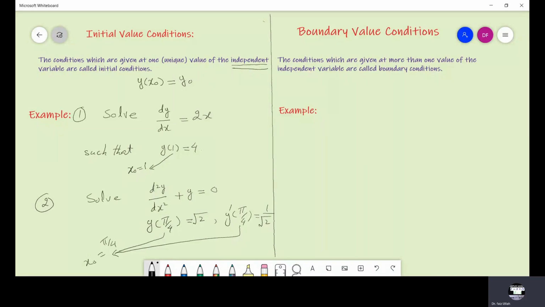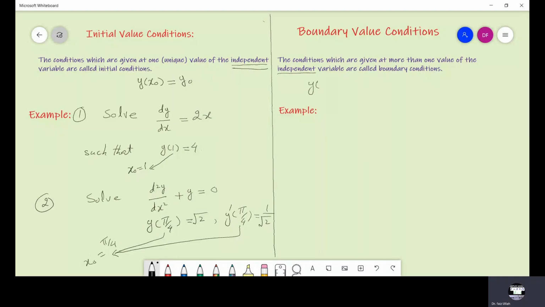Now let us explain what are boundary value conditions. If the conditions with ordinary differential equation are given at two or more than two values of the independent variable, then those conditions are called boundary conditions.